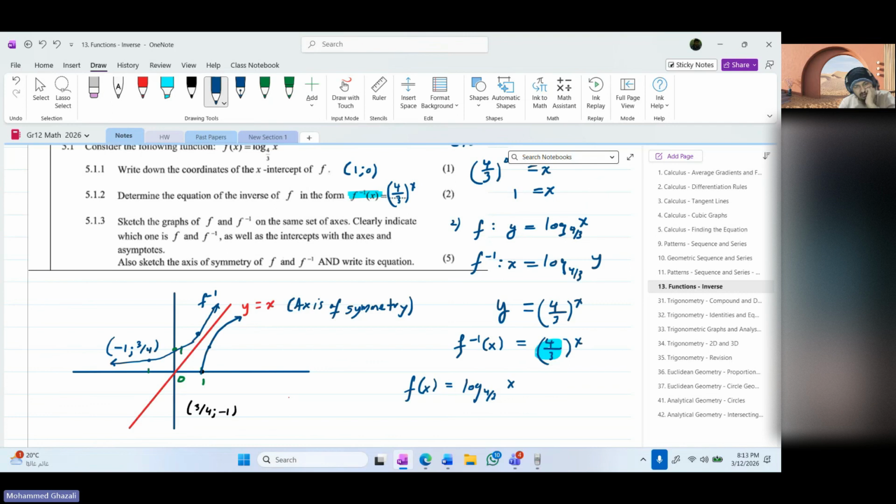So directly across, that makes sense. And directly across this should be somewhere around here. Yeah. So this is your F function, and that's your F inverse.